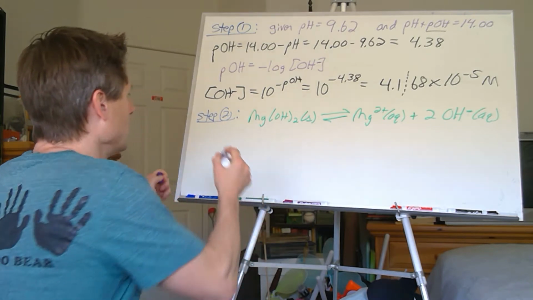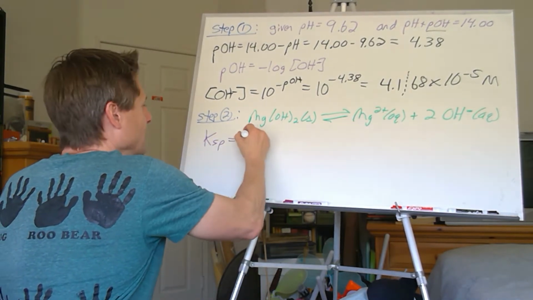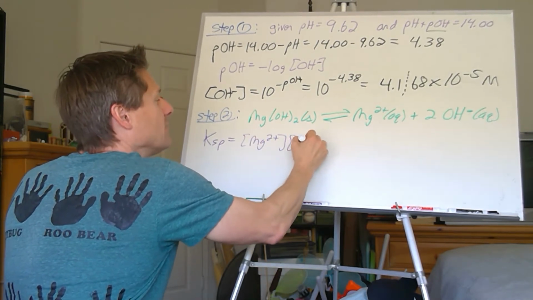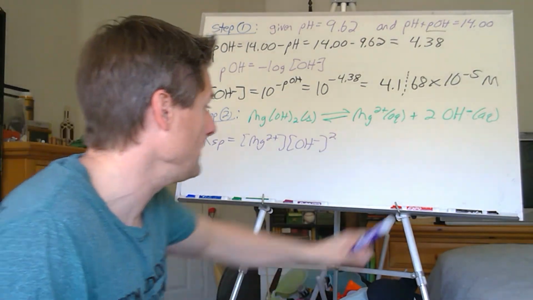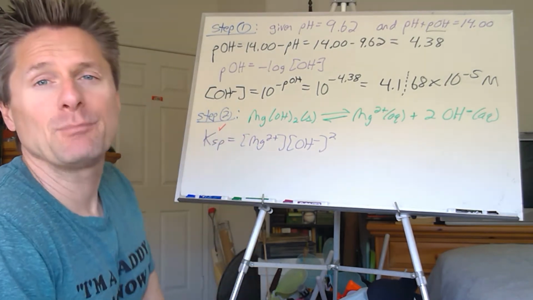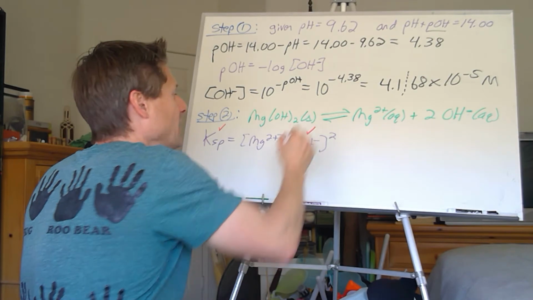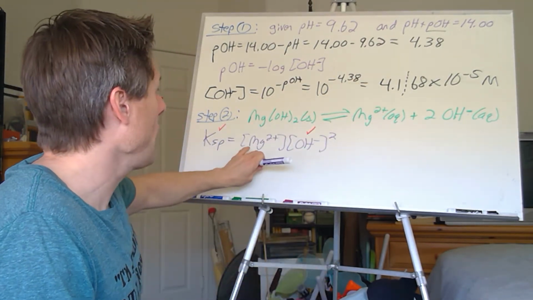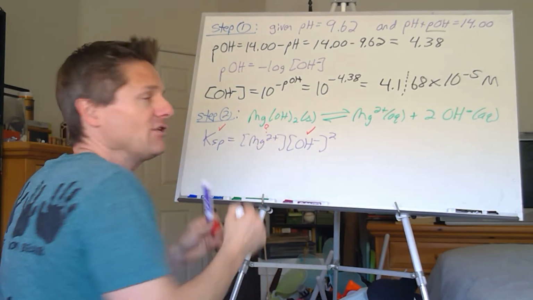Here we go. So let's set up our equilibrium expression. Ksp will be the concentration of our products raised to the power of their stoichiometric coefficients, right? Would you agree that we can look up the Ksp value on our Ksp table? Yes. We know the hydroxide ion concentration. We just solved for it. Then we can solve for the magnesium ion concentration.